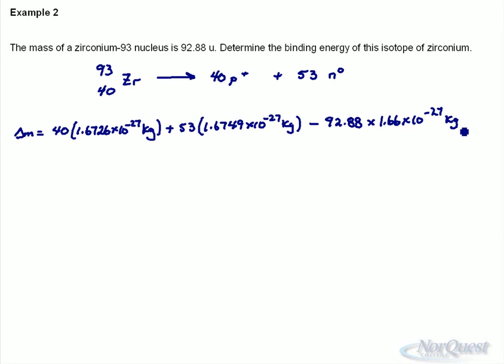And you get a change in mass here equal to 1.4929 times 10 to the negative 27 kilograms. And what we're going to do is find the binding energy.